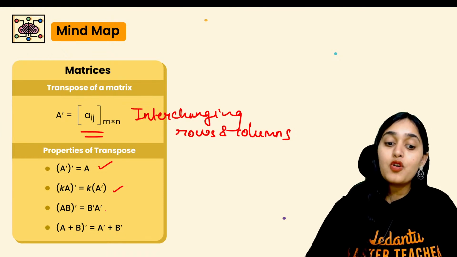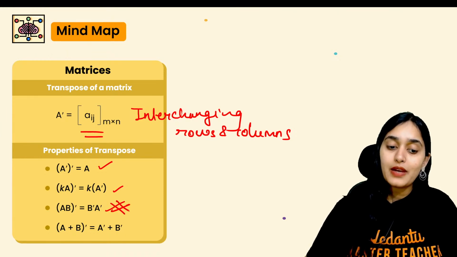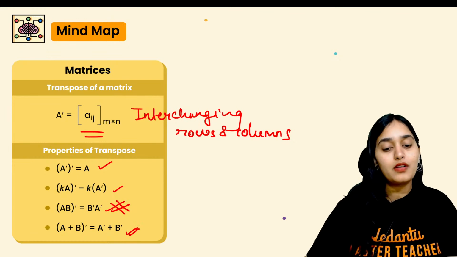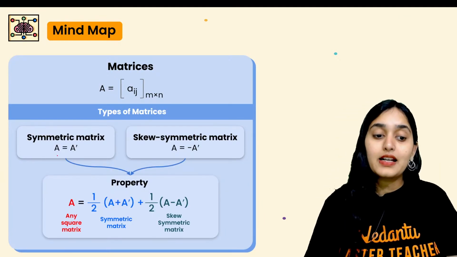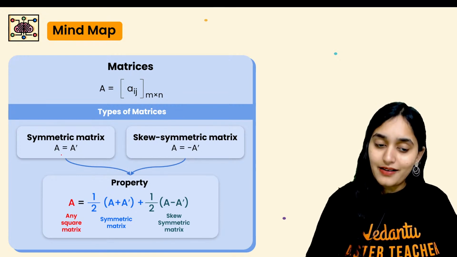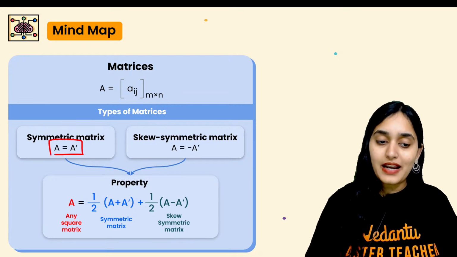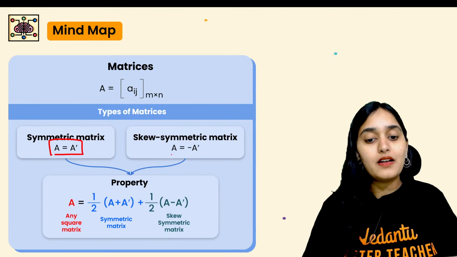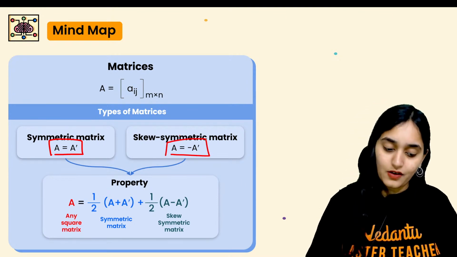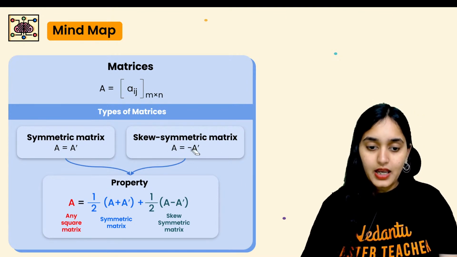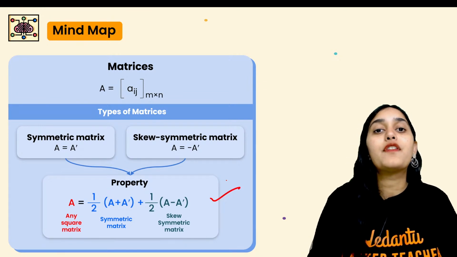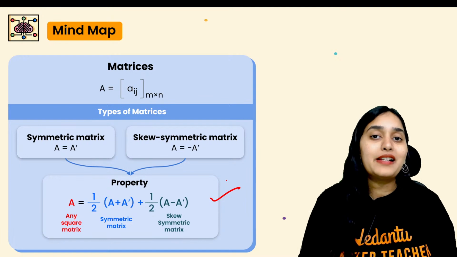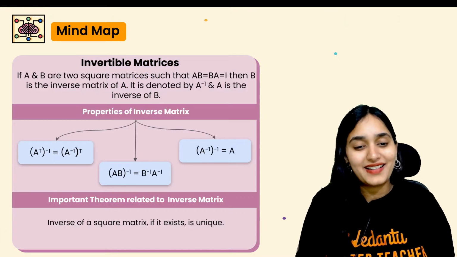AB whole transpose is B transpose into A transpose, and A plus B whole transpose is A transpose plus B transpose. Next, a matrix is said to be symmetric if A is equal to A transpose, skew symmetric if A is equal to minus of A transpose. Okay. And any matrix can be represented as half of symmetric matrix plus half of skew symmetric matrix.